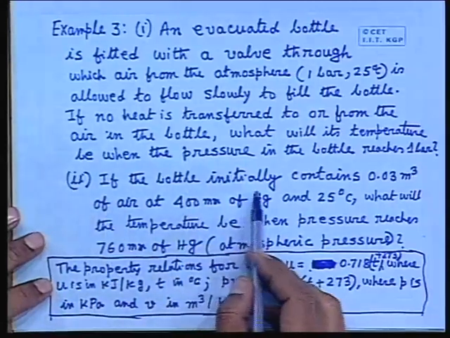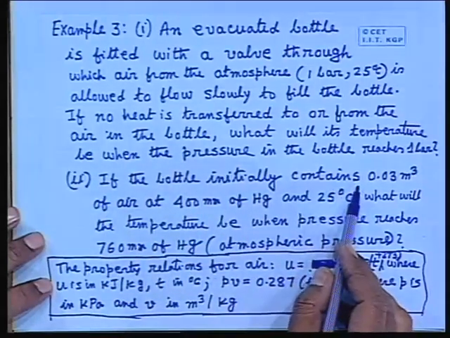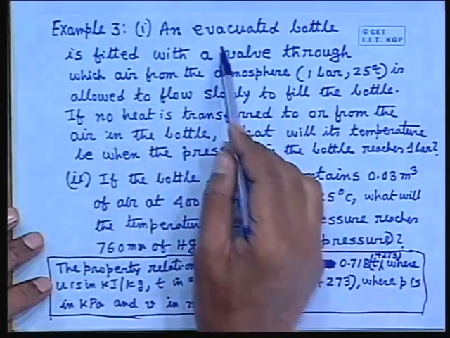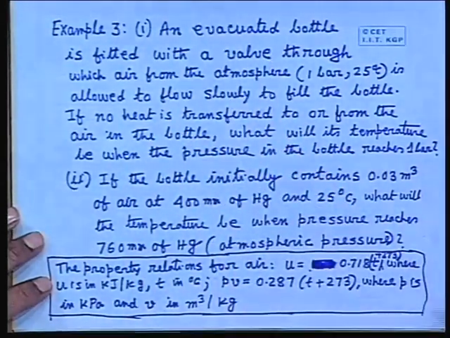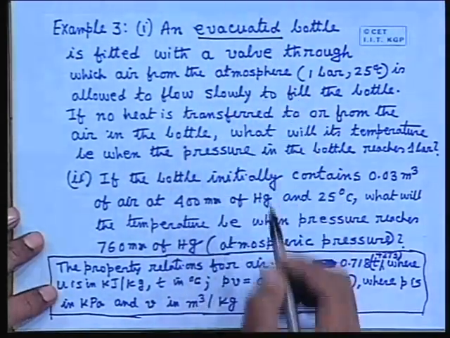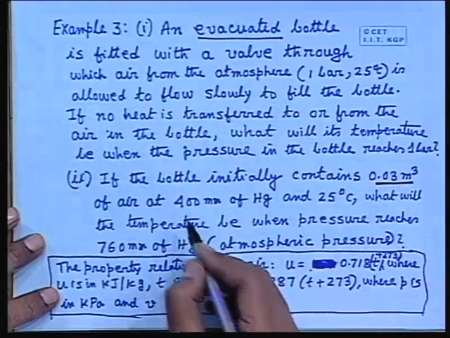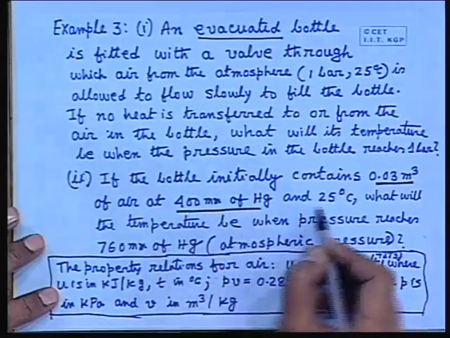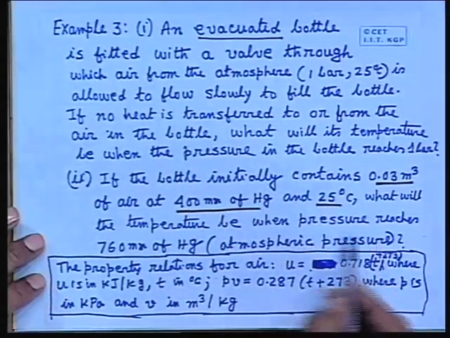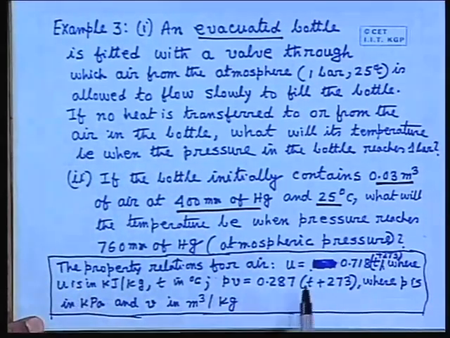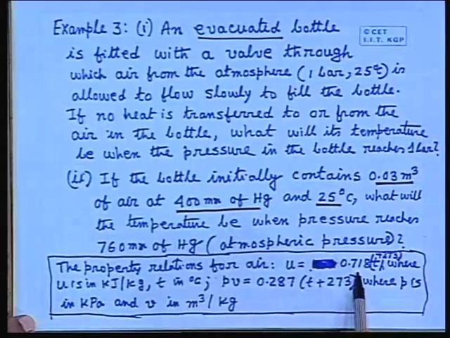If the bottle initially contains, the first one is when evacuated. This is important, evacuated. And another case, initially contains this volume of air at this temperature, and the pressure reaches the atmospheric pressure. Here you see the property relationship is like this, the value of Cv, times T plus 273.